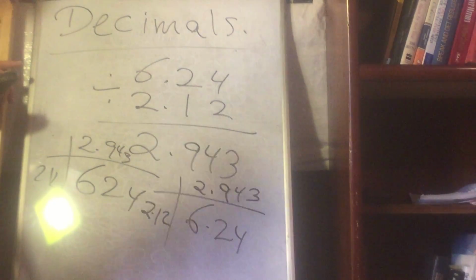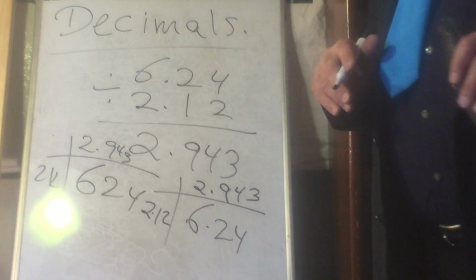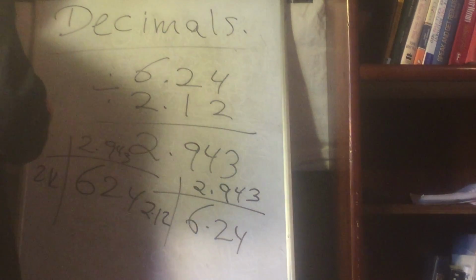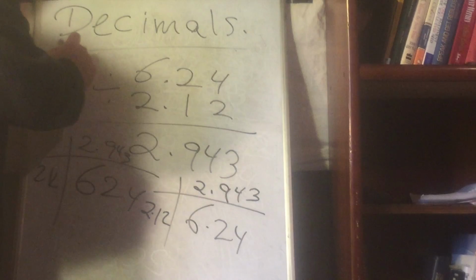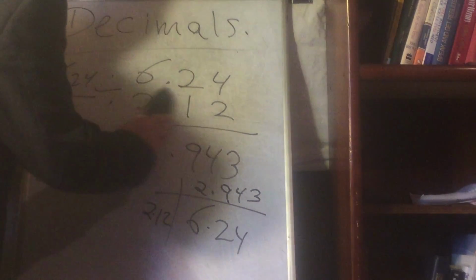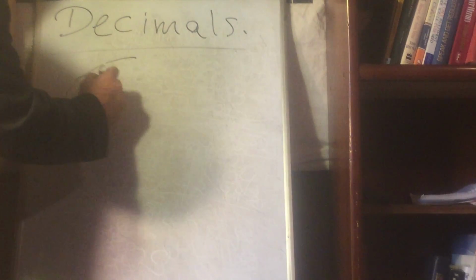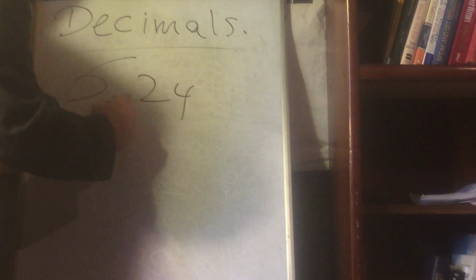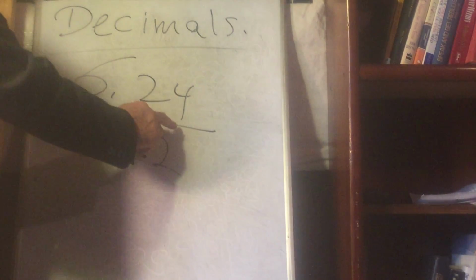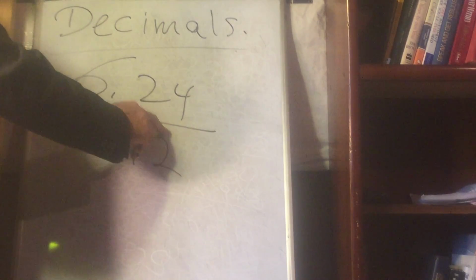Which means what? Remember in fractions we had a lesson that says these two divisions are equal. 6.24 fraction divided by 2.12. Remember, this is division or fraction.